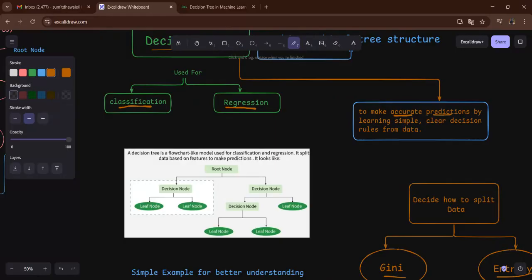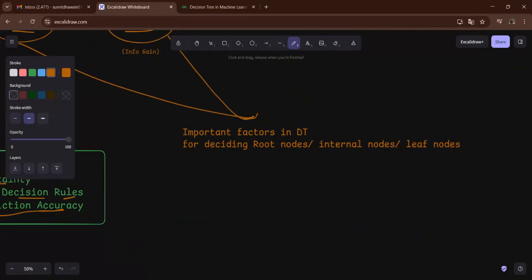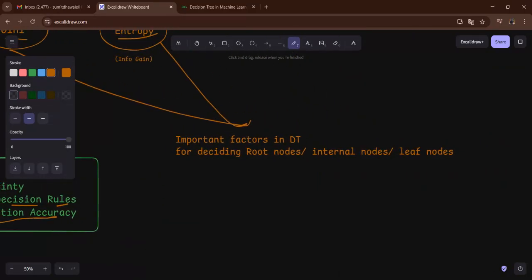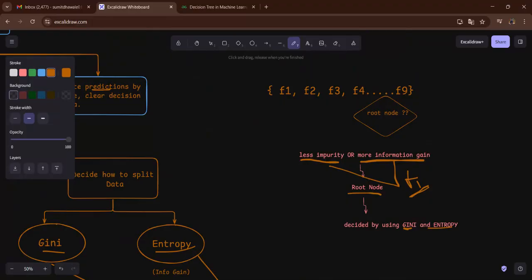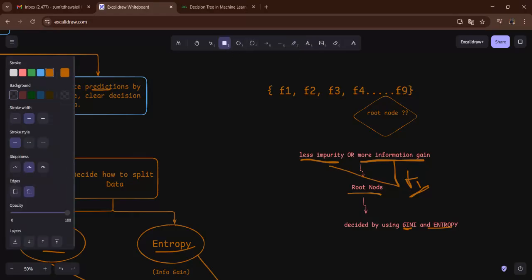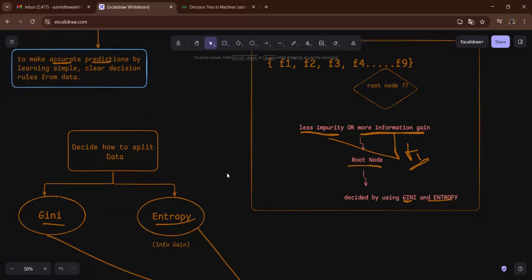So we have seen the basic idea of the decision tree, and how we can choose the root node by its importance: if it has more information gain, that node may be the root node.